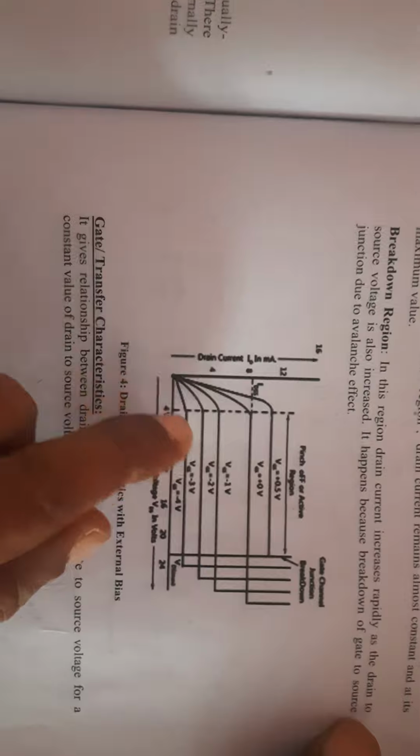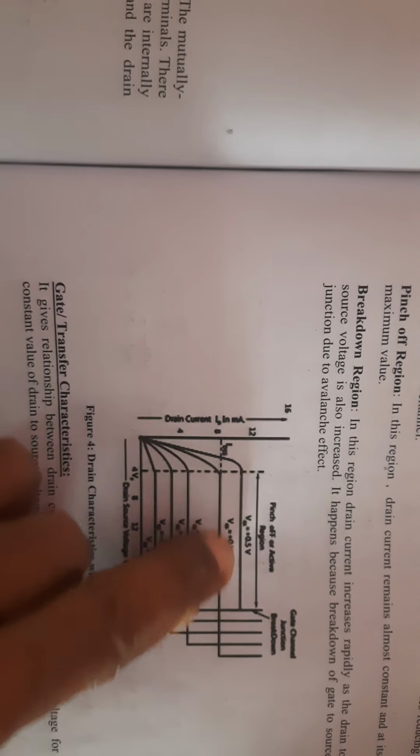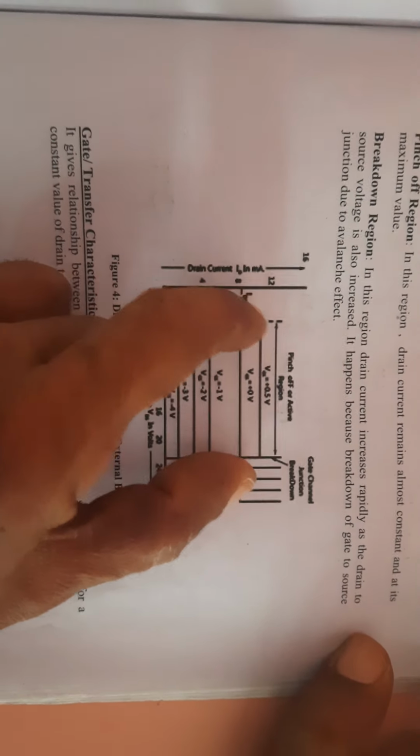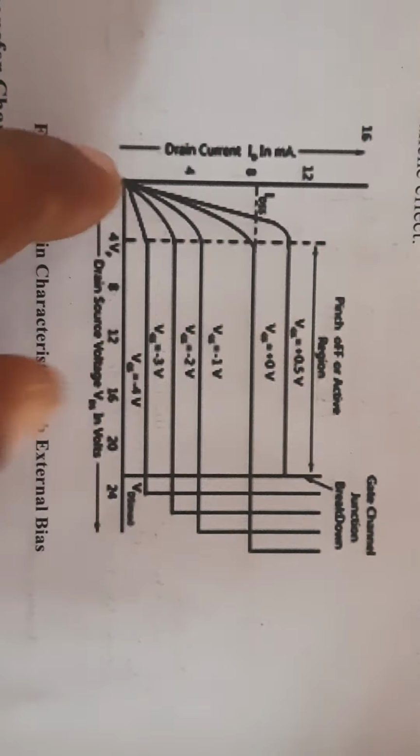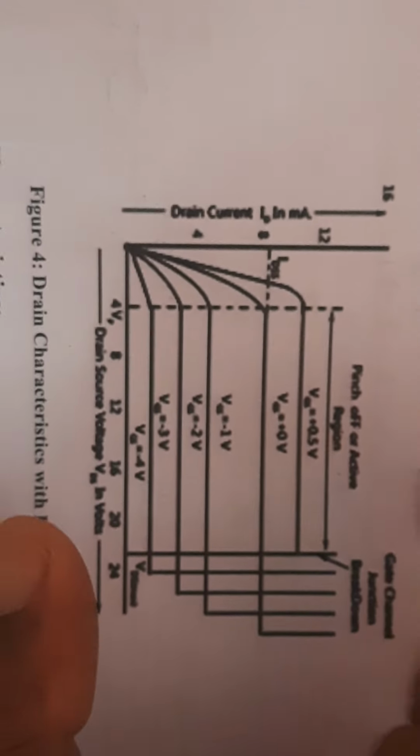This line shows the drain current, this is the saturation current, and this is the gate source voltage line. Keep in mind, this shows as a straight line, and the graph is plotted along the x-axis and y-axis using the drain source voltage and drain current. In this way we have to plot the drain characteristic graph.